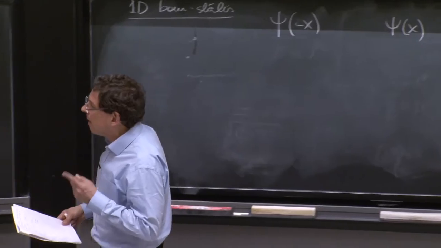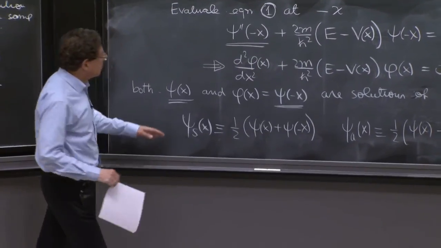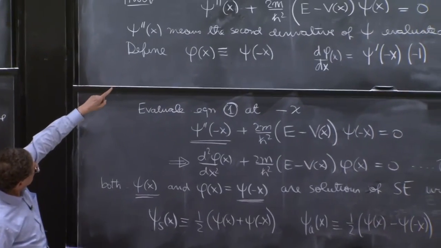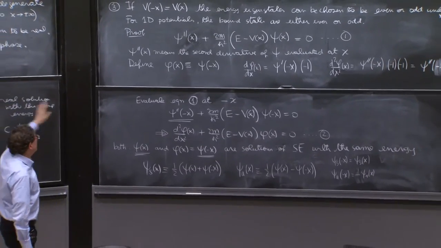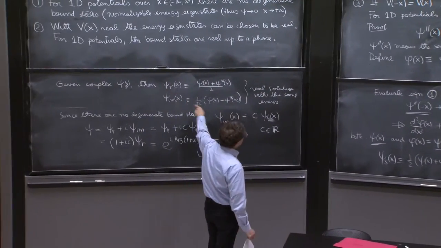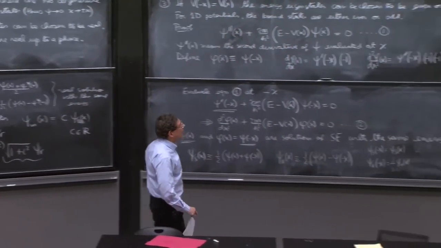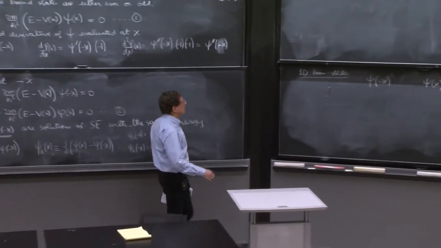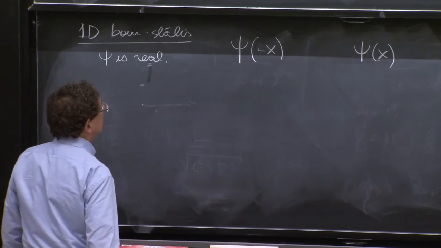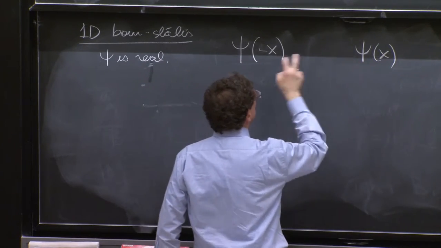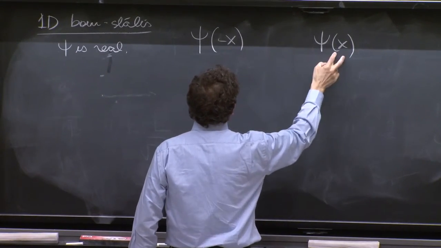Now, if you started with a solution, from the beginning you can assume, because of property 2, that the solution is real. You can work always with real solutions. So in here, I can assume that psi is real. Just simpler. So these two solutions, that would be two real solutions, would be degenerate in energy.